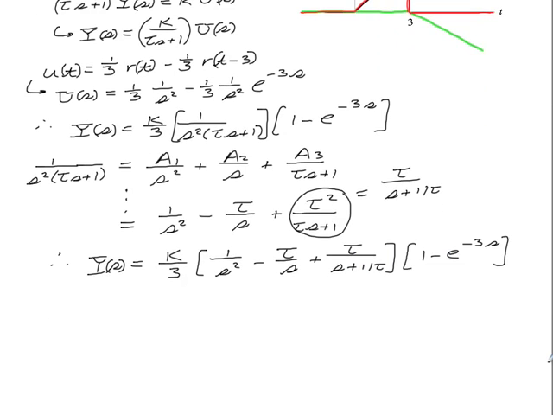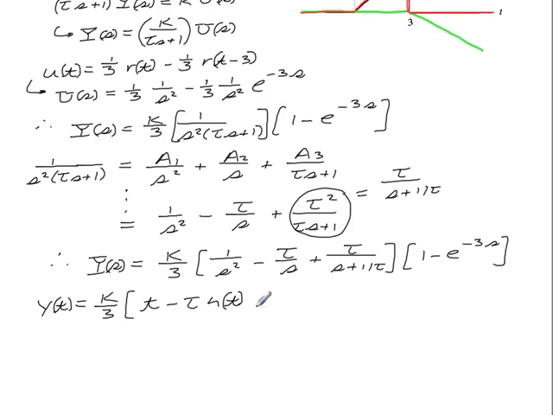So for the inverse Laplace of this, we need to do this in two parts. Y of t, we're going to have the k over 3 out front. The 1 over s squared gives us t, our ramp. 1 over s gives us the step function, so this is tau times h of t.